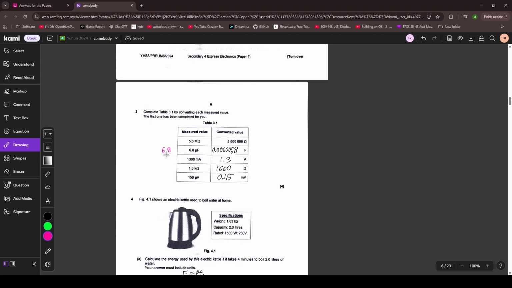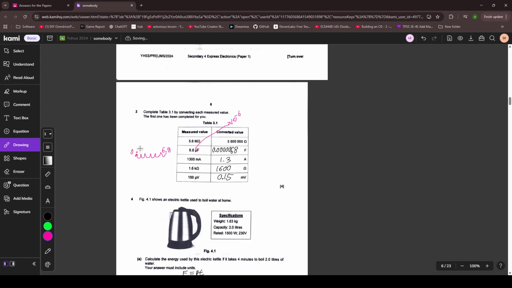We're going to move the decimal point to the left a number of times. So for micro, it's actually times 10 to the power negative 6. So we're going to move this decimal point to the left 6 times. So 1, 2, 3, 4, 5, 6. That's it. Then the decimal point is here now.